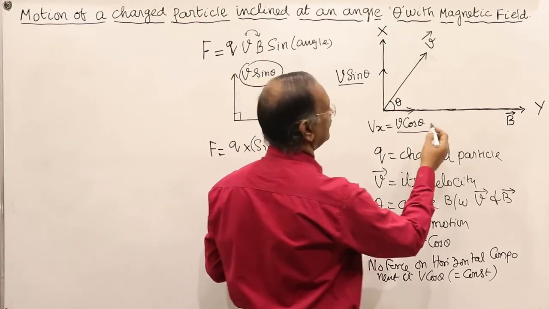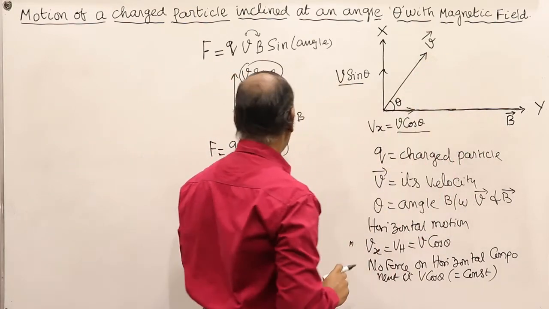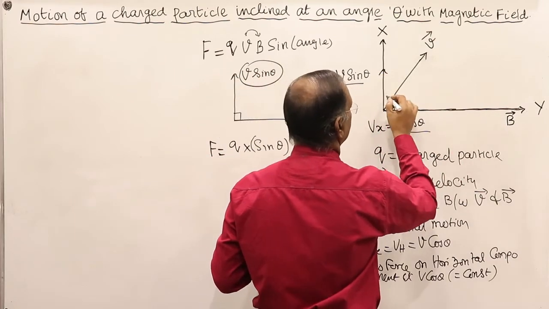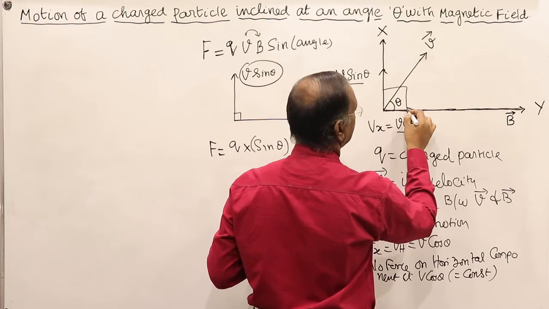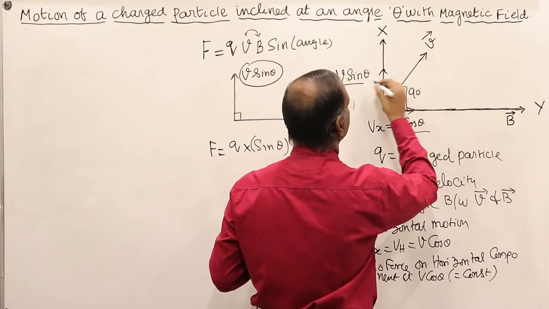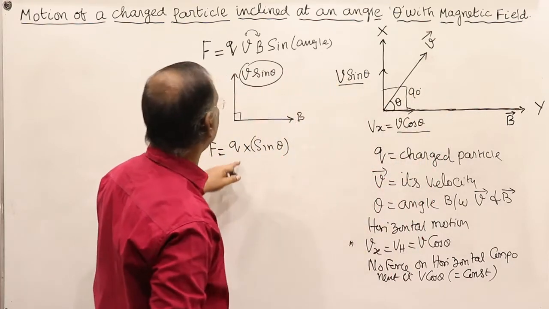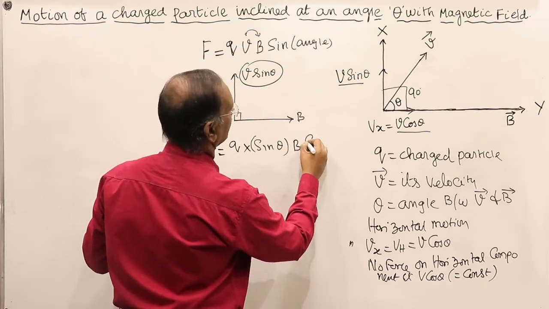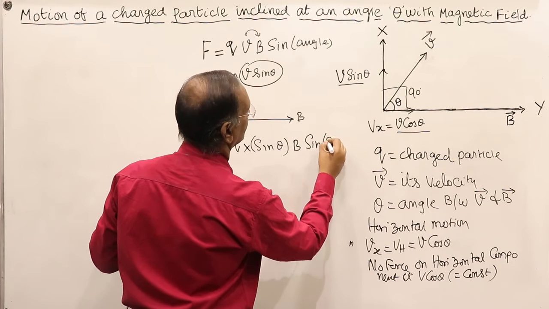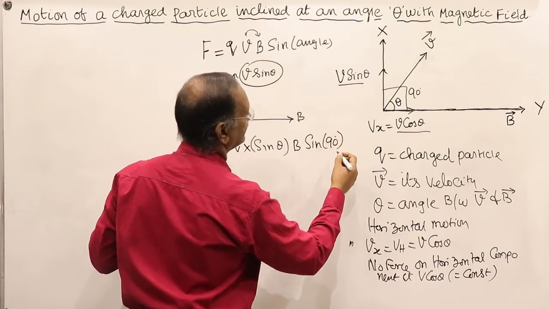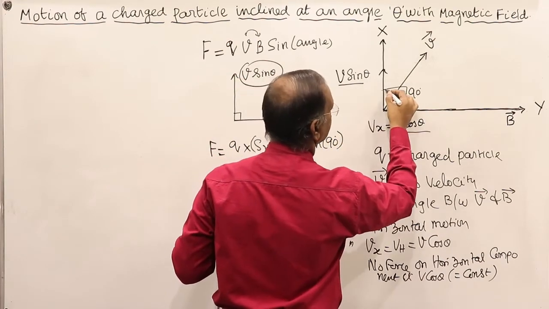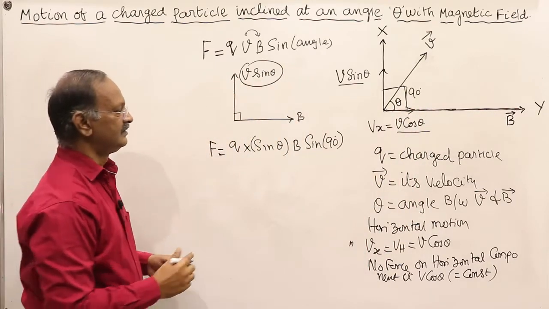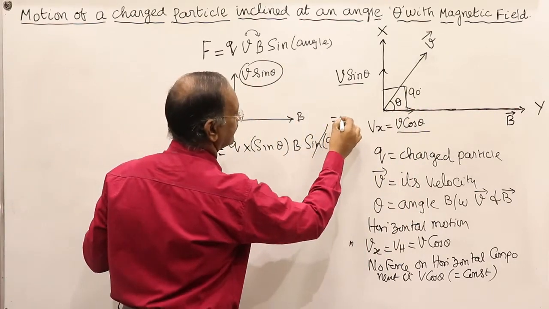Theta is the angle between B and V. Don't confuse, and this is the component making an angle of 90 degrees with B. So Q into V into B into sine of the angle between them, which is 90 degrees. See, between this and this is 90 degrees. Here you have to be very careful. So sine 90 is equal to 1.